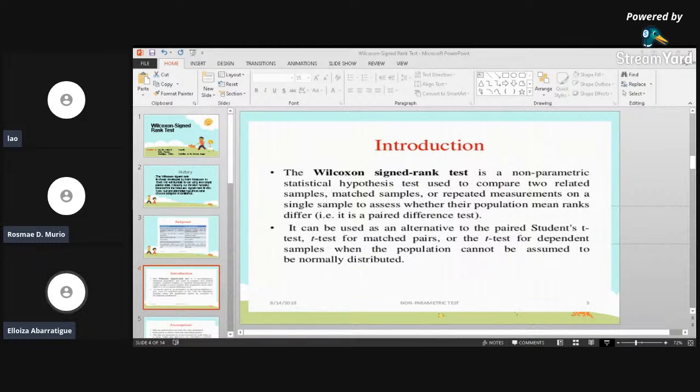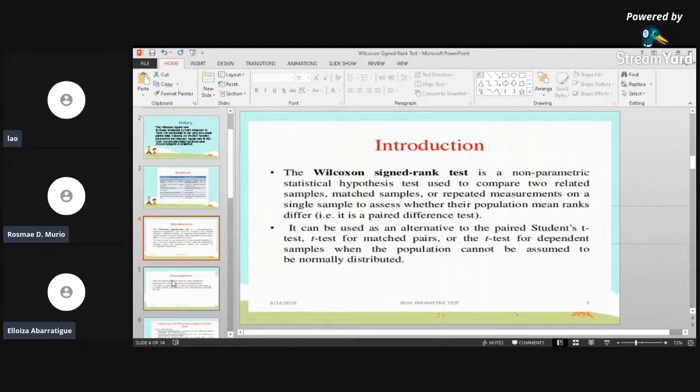It can be used as an alternative to the paired Student's t-test, or the t-test for matched pairs, or the test for independent samples, when the population cannot be assumed to be normally distributed. Thank you, Miss Eloisa.